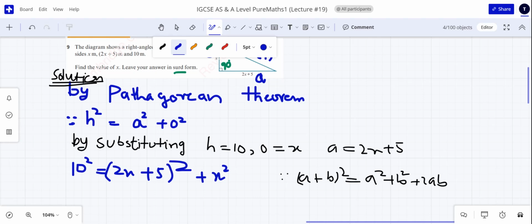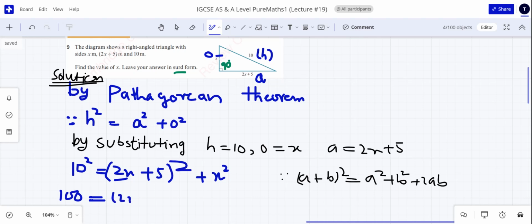The square of 10 would be 100. Now what is a? a is 2x and b is 5. So we will write (2x) squared plus 5 squared plus 2ab, where a is 2x again and b is 5. Then also we will write plus x squared.